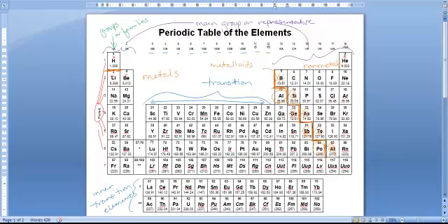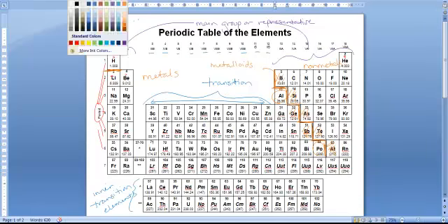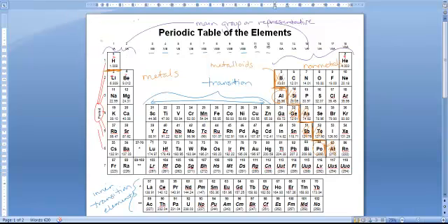Realistically speaking, there probably are names for pretty much every single column on the periodic table. However, some of them we just don't use that much. Okay, so you are only going to be required to know the names of the ones that we see more often. Okay, so some of the different families that you should be aware of.